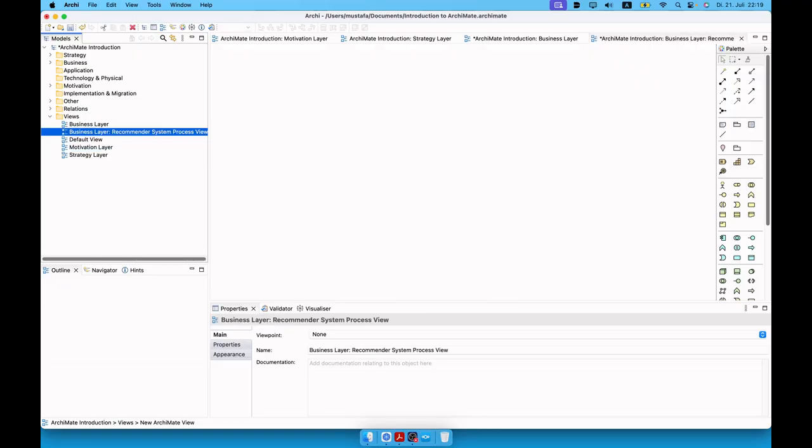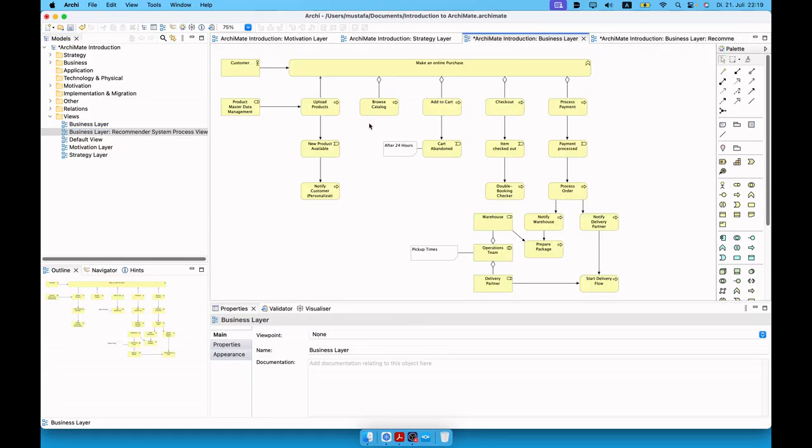So this relates to the business layer here, where browse catalog lets us give personalized recommendations to the customer based on their browsing history.